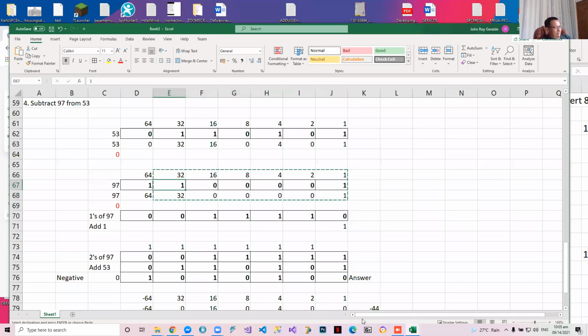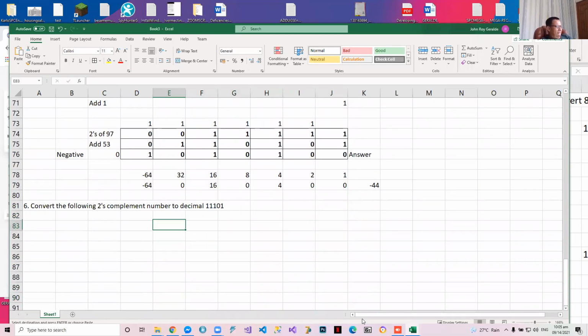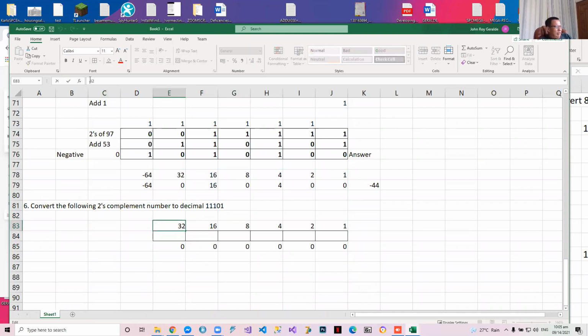Okay? We'll delete this. So what do you have? Now, we are told that this is a 2's complement number, right? And when a 2's complement number starts with a 1, we will assign the most significant bit a negative value. Okay? Negative 32. Do you follow? And then we'll have 1, 1, 1.